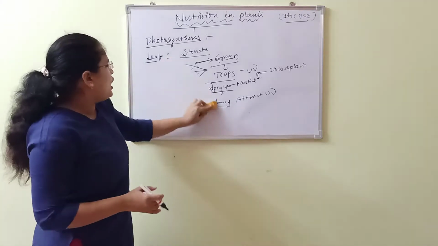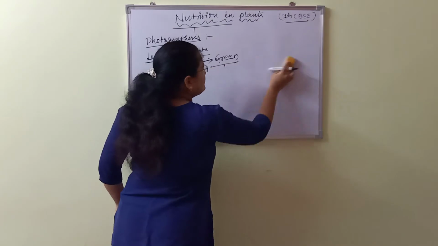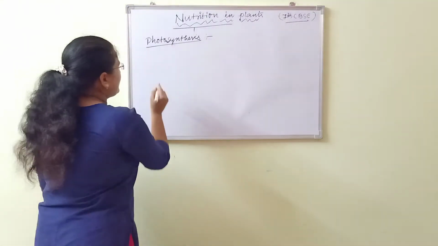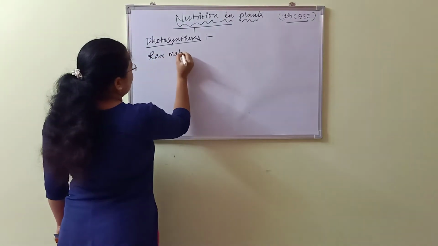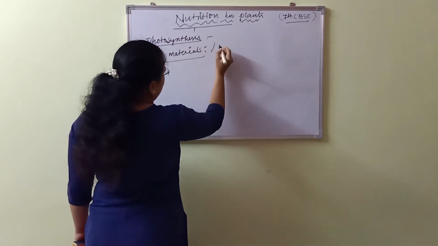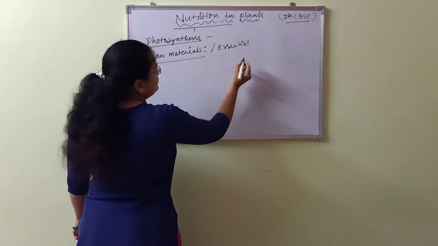Now let us see how photosynthesis takes place. What are the essential elements or the raw materials for photosynthesis?